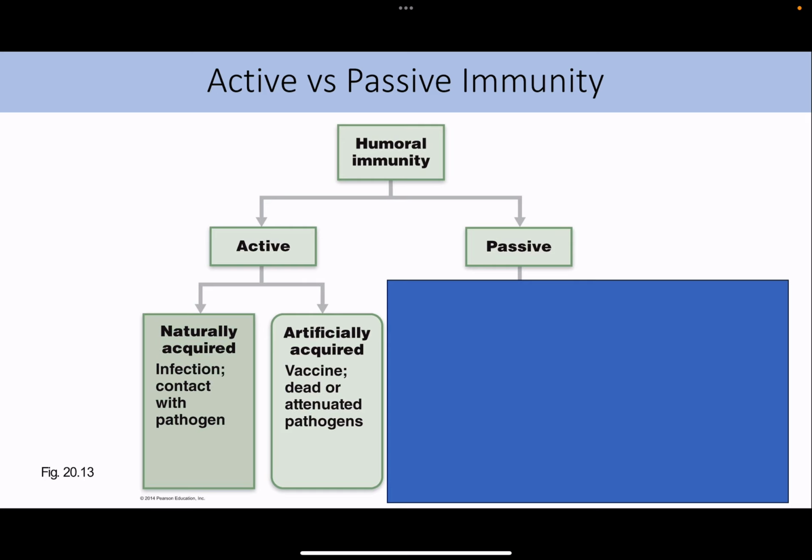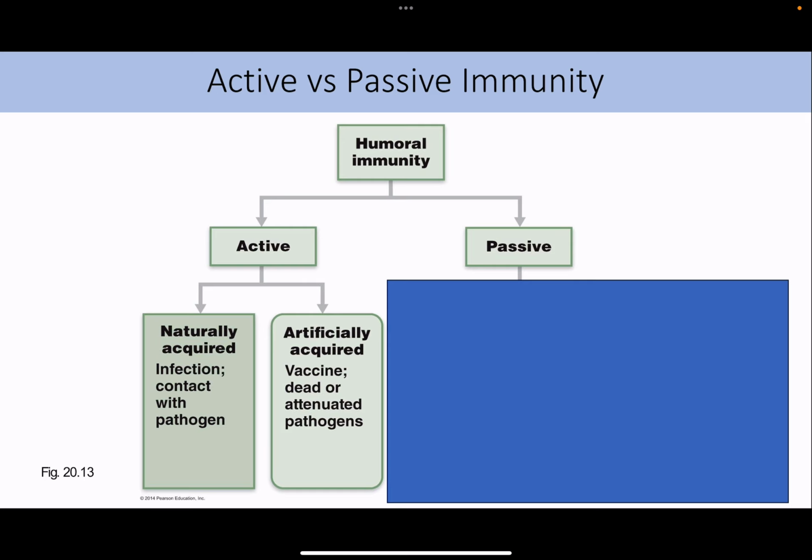Artificially acquired is when you're exposed to that antigen through a vaccine. You weren't actually exposed to it in nature. You were given a vaccine that caused your B cells to have that same reaction, but you're still making the antibodies yourself. Whether you were naturally exposed or exposed via vaccine, you are still making those antibodies. But we just divide them into naturally acquired versus artificially acquired.